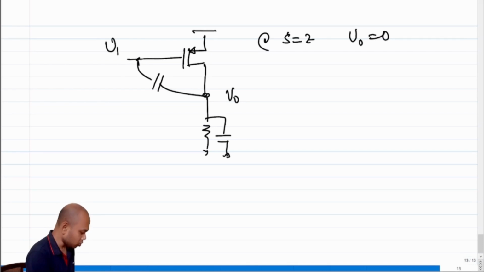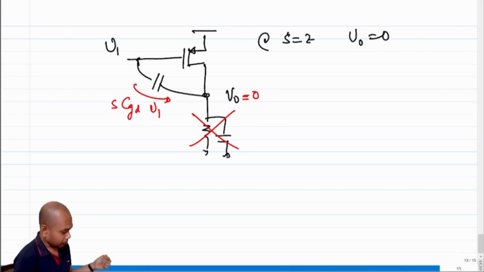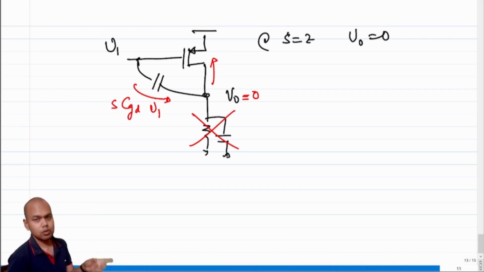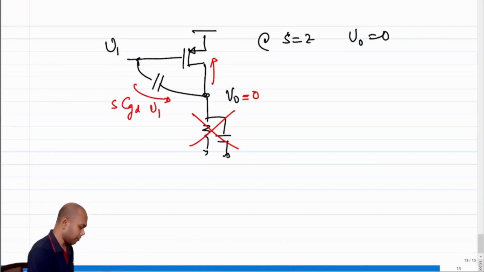If V0 goes to 0, I don't have to bother about the stuff connected here, so this is equal to 0. If this is equal to 0, what is this current? This current is s CGD times V1. Where will this current flow? It will flow through the M5 transistor. What is the current through the M5 transistor? This is GM5 times V1.